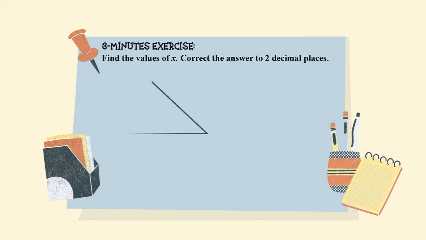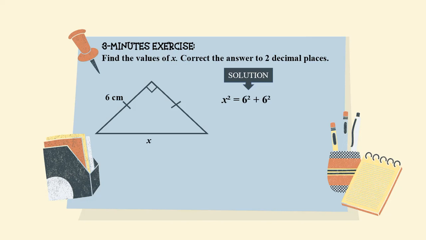Okay, find the value of x. Correct the answer to 2 decimal places. For this one, you have to identify: if you look here, we have this side and this side with the same length. So this is actually an isosceles triangle, which means that this side and this side are equal. Using the Pythagoras theorem, we know that this one is the hypotenuse, x squared equals 6 squared plus 6 squared.